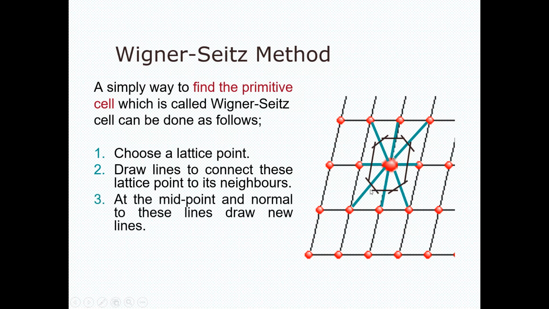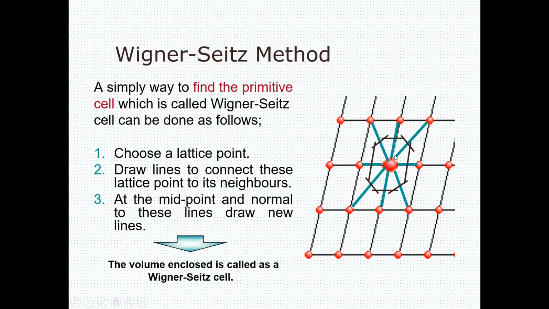Then at the midpoint, just as we did here, and normal to each line, draw new lines. By joining all these normals, the closed volume is called the Wigner-Seitz cell. So this is the concept of the Wigner-Seitz cell, how you draw a Wigner-Seitz cell inside a particular lattice.